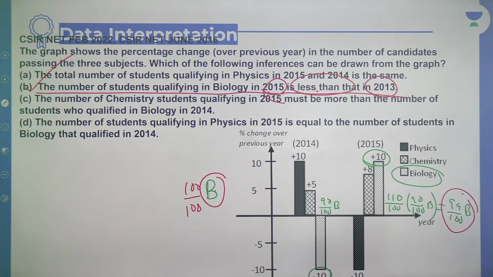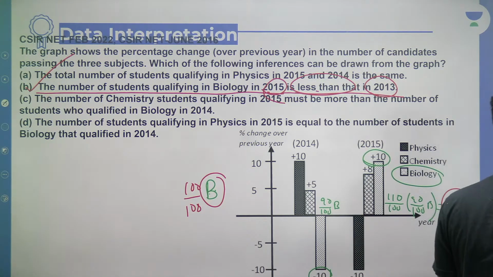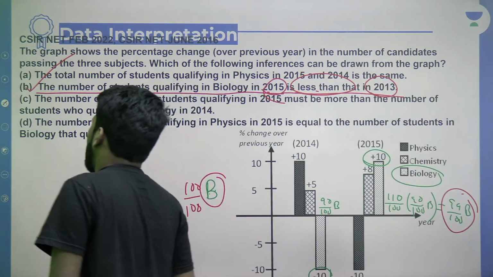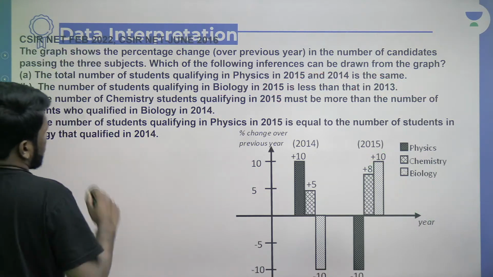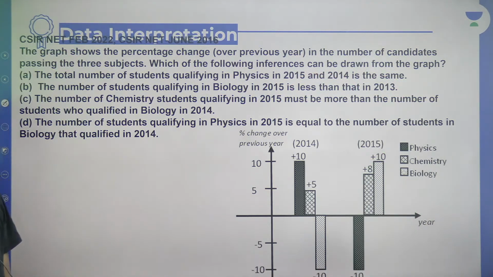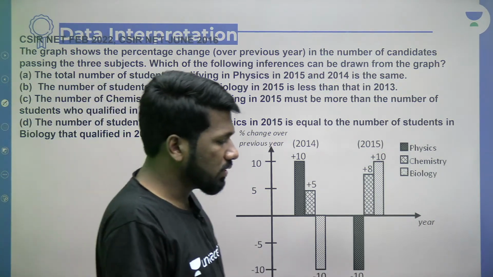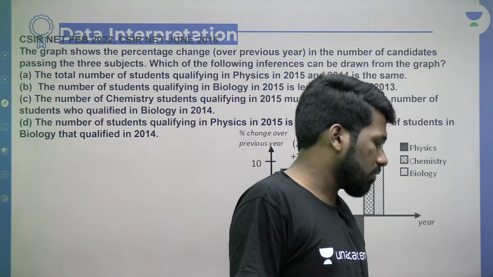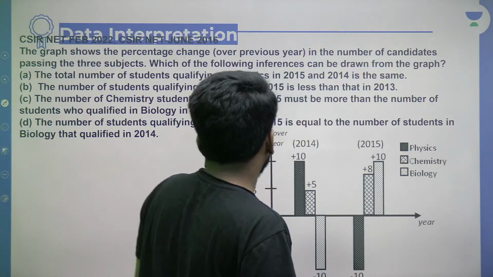Option C is saying number of chemistry students in 2015 must be more than the number of students who qualified in biology in 2014. Okay, there comes the problem. You cannot compare chemistry and biology. Same problem like the pie chart question we discussed. Pie chart में total value नहीं दिया था, so we could not compare which is bigger or whether they are equal also.